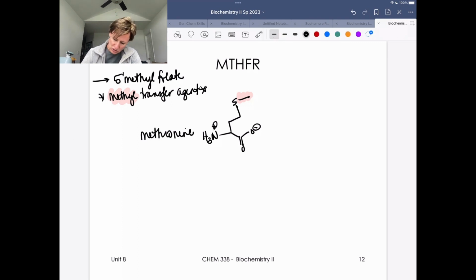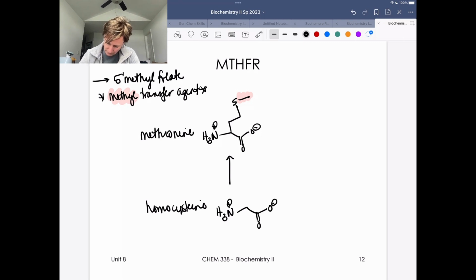So I'm going to start by drawing up from here, and I'm going to draw the structure of homocysteine. Okay, so homocysteine is going to look like this. Essentially, it is the demethylated version of methionine.